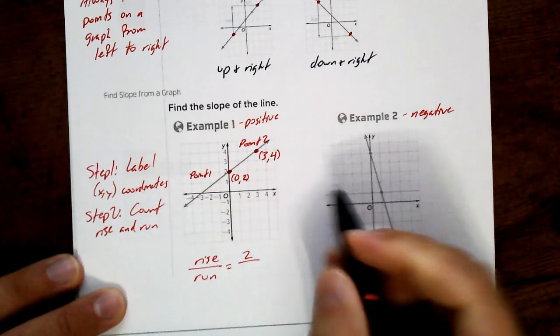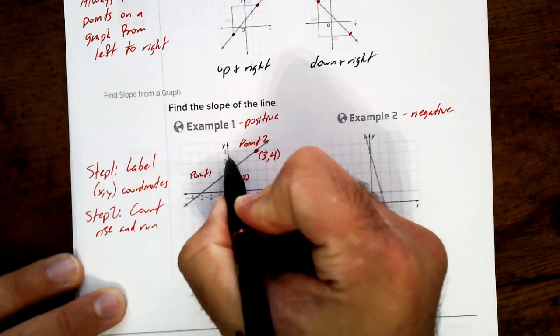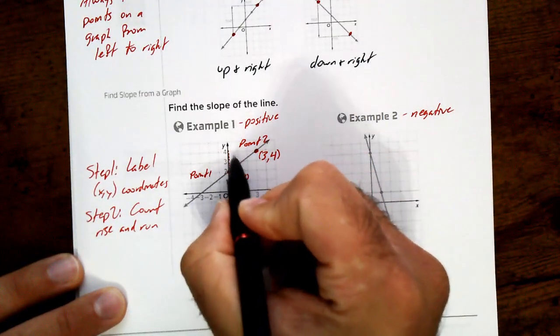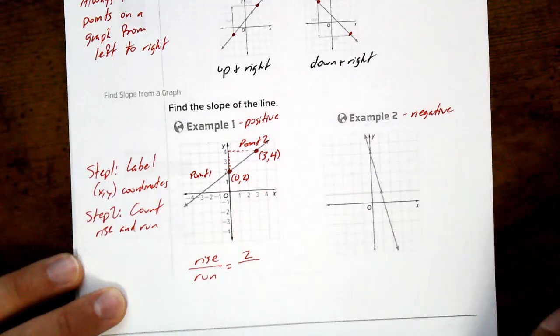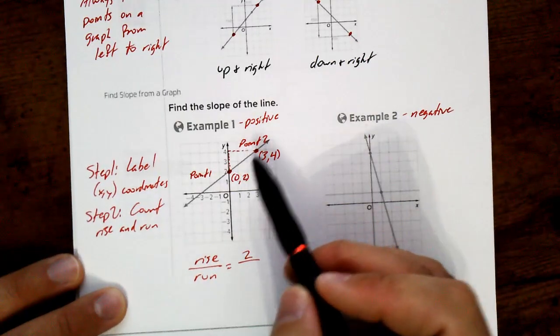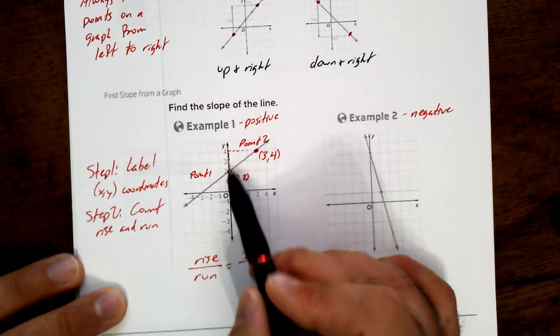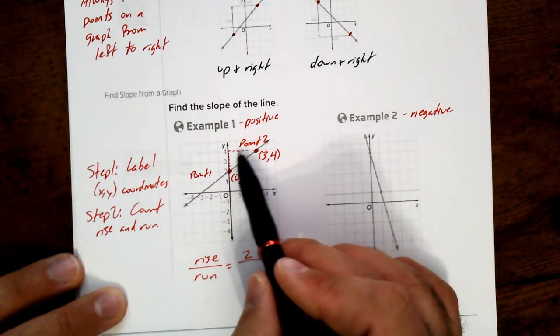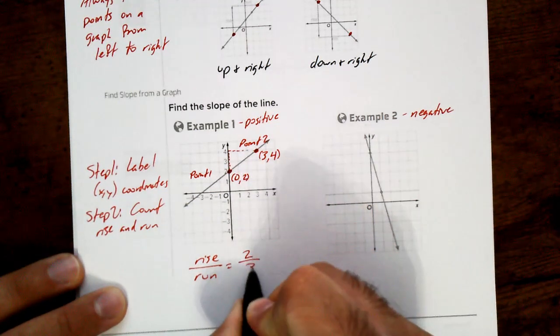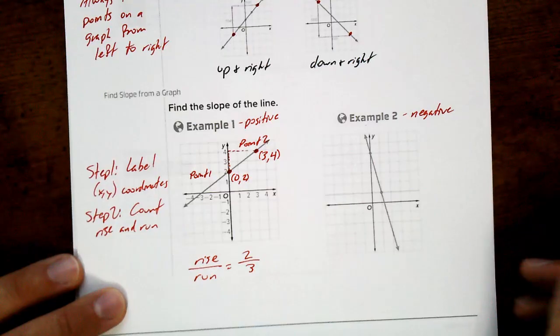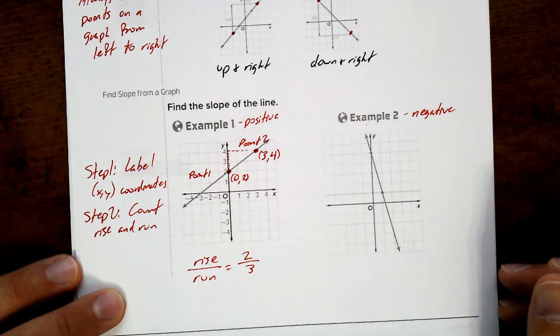That's our rise. And even draw a little line up to it. Then we're going to draw a line over. Hey, we create a little triangle. That might come in handy one day. Up and right. So 1, 2, 3. That's all we're doing for the start of this, is just counting.